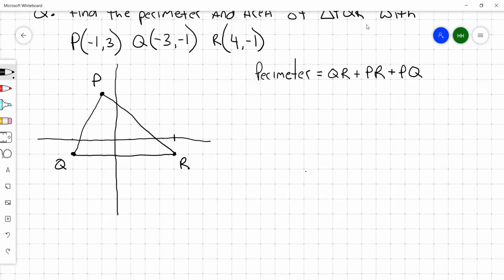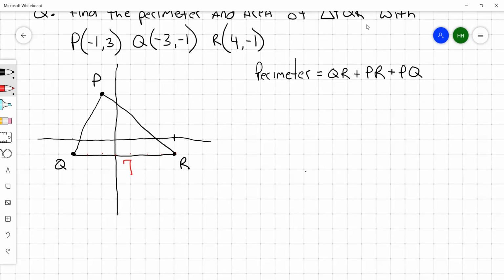Since Q to R is a horizontal line, you can just count the units to find that length. You got 1, 2, 3, 4, 5, 6, 7. The base of this triangle is 7.